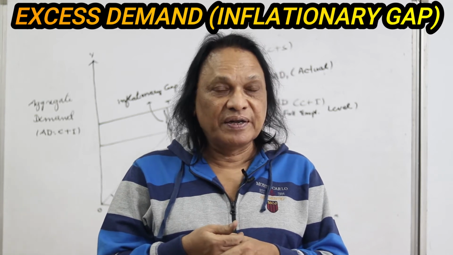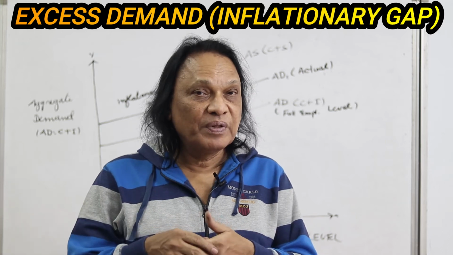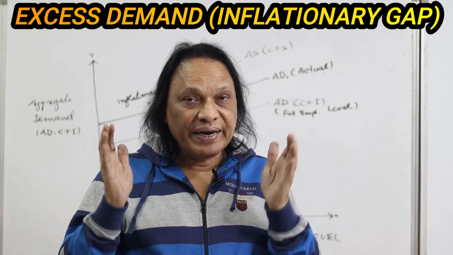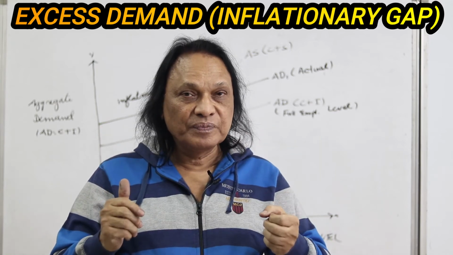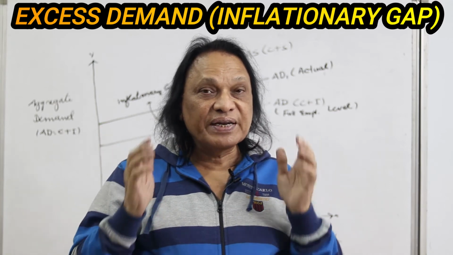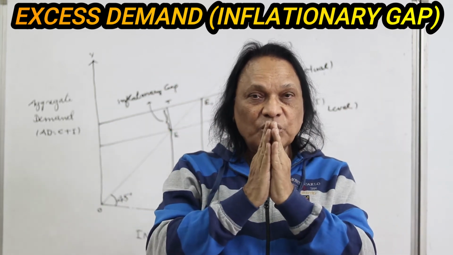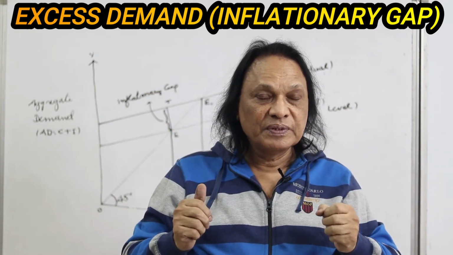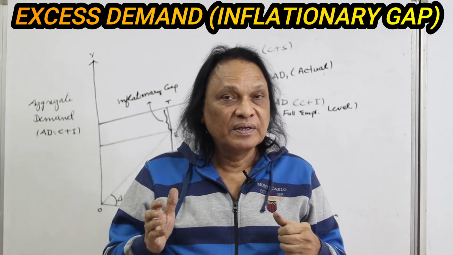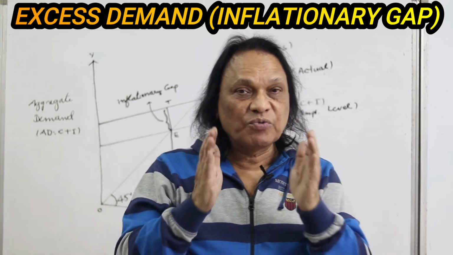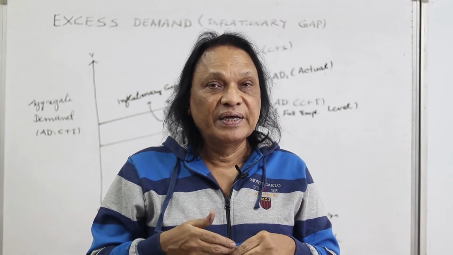We have seen earlier the economy will be at equilibrium when aggregate demand is equal to aggregate supply. We have also learned at the equilibrium point the planned savings are equivalent to planned investment. Ex ante savings are equivalent to ex ante investment.